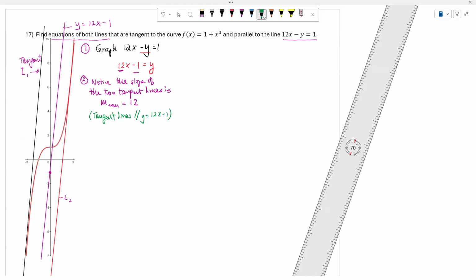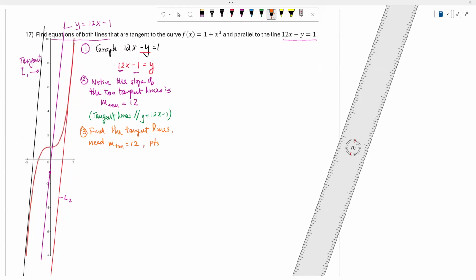Then in order to find the tangent line, we need the slope of the tangent, which is 12 already.